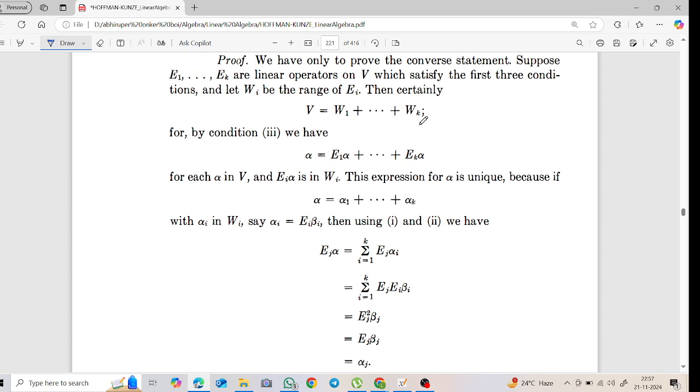So first of all, if you take alpha belonging to V, then I alpha is, put the value of I here, which is E1 to Ek of alpha, which is E1 alpha. So alpha is E1 alpha up to Ek alpha, right?